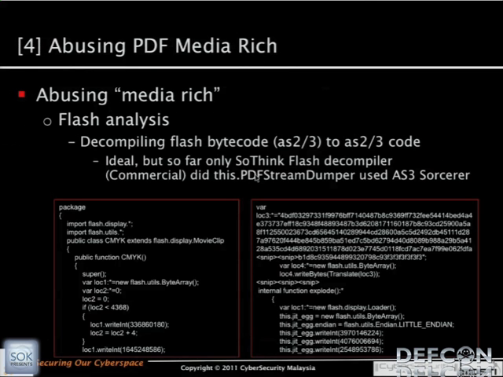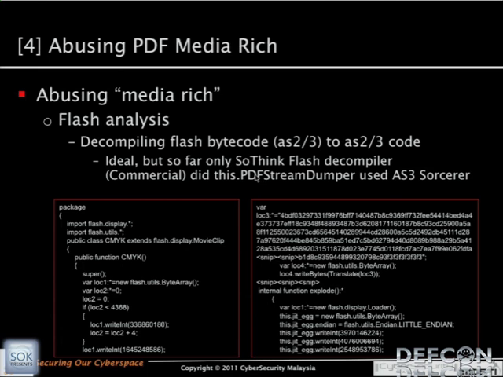So for Flash analysis, it's pretty much ideal for us to decompile Flash bytecode, which is normally tried from AS3 to AS2 or AS2 to AS3 code. Ideally, but so far I saw only two pieces of software that do proper decompiling on this one, and they're commercial, so you cannot somehow integrate this kind of tool within your parser.